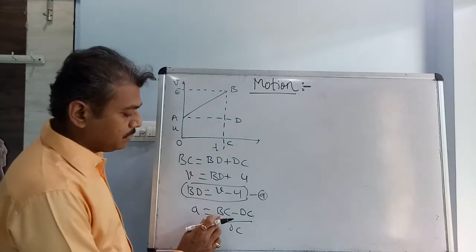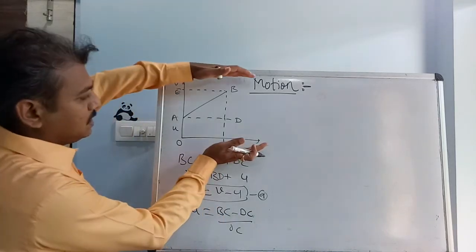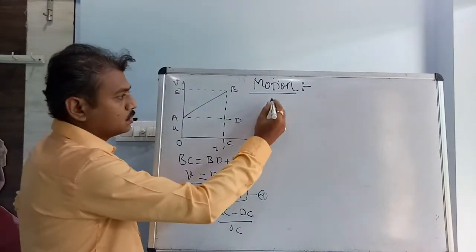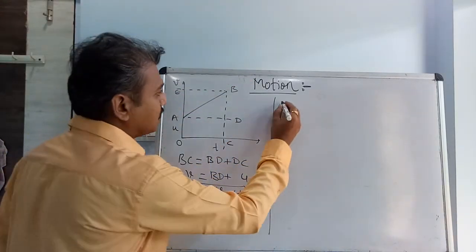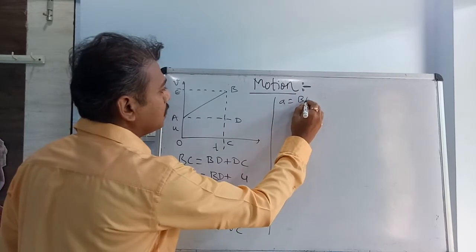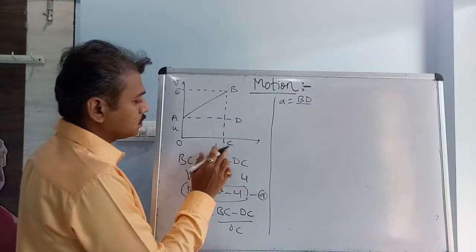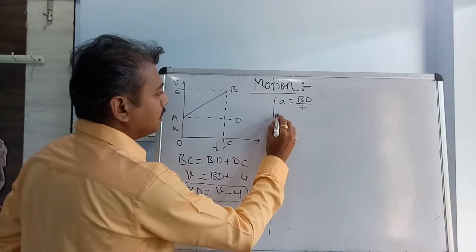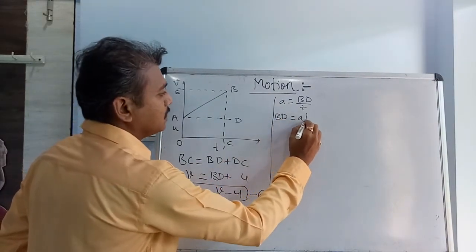BC minus DC gives BD. So here you get A is equal to BD upon OC, which is T. So BD is equal to AT.